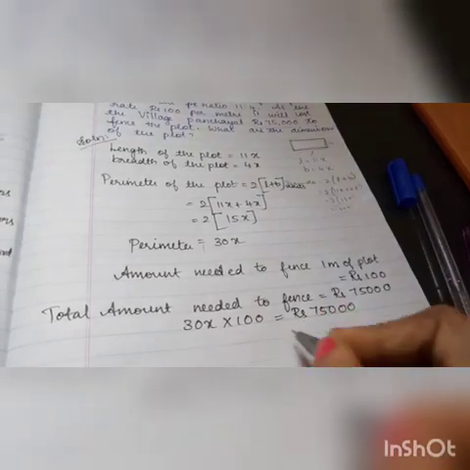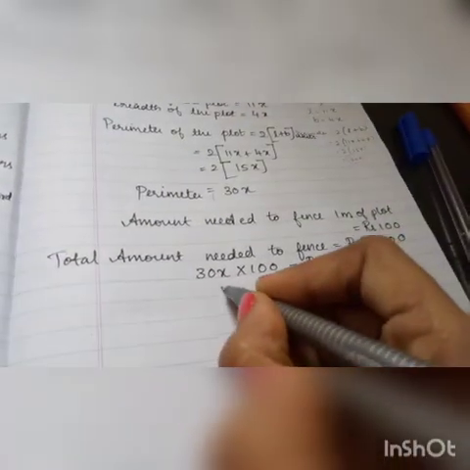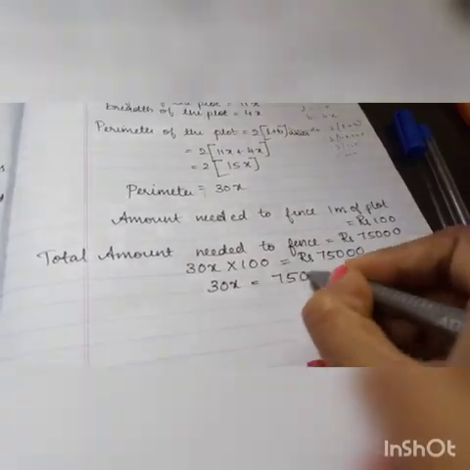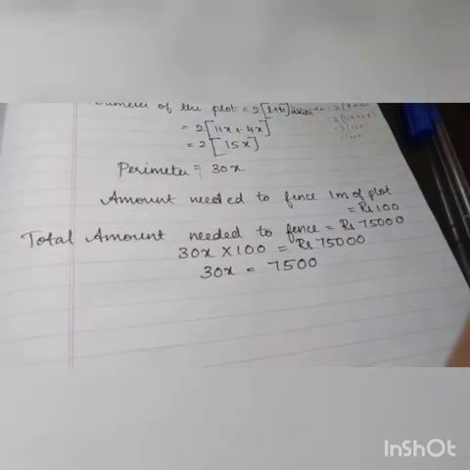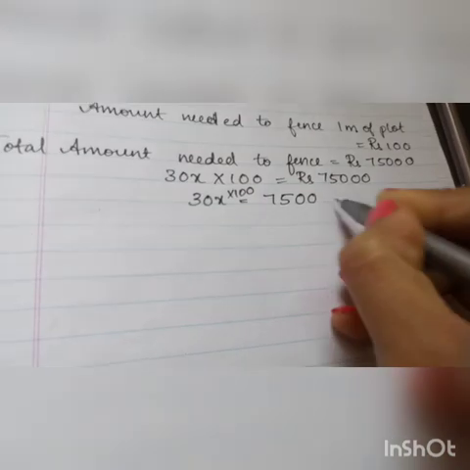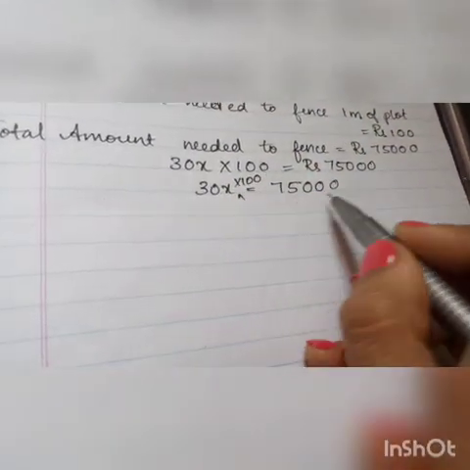Now shall we calculate it? Yes. Sorry children, listen. 30x into 100 equals 75,000. I had missed this value.